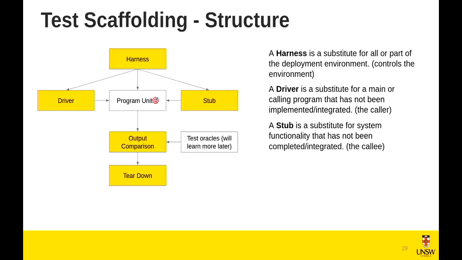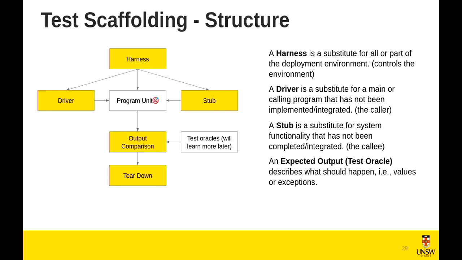Maybe we haven't implemented a subsystem that is used by the target program unit we want to test, so we replace it with a stub. Or it could represent something that is not integrated yet during integration testing. So it is normally the callee of the program unit we are testing.